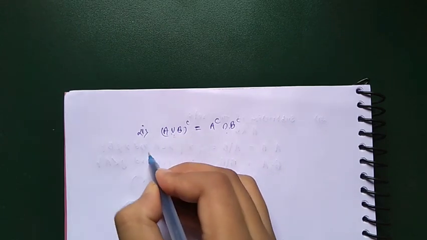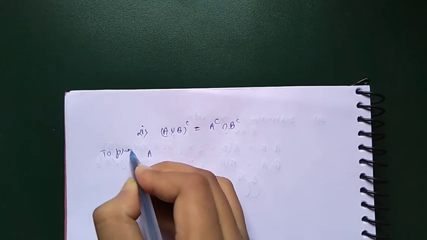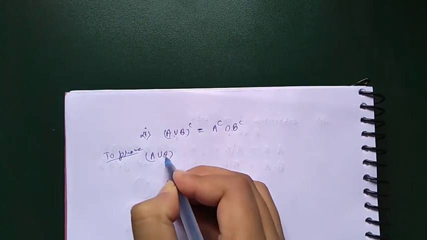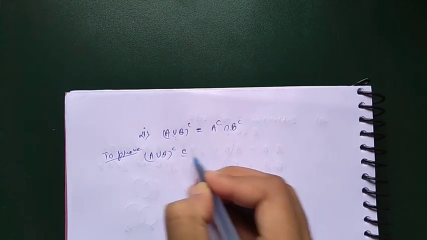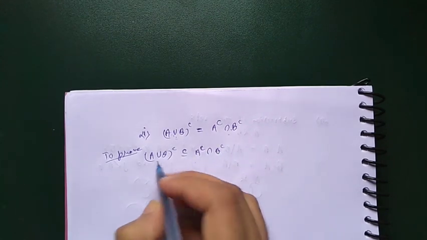So first we will prove A union B whole complement is a subset of A complement intersection B complement.